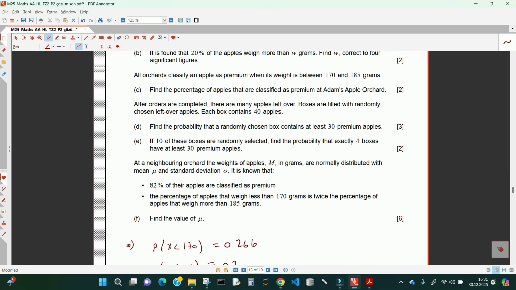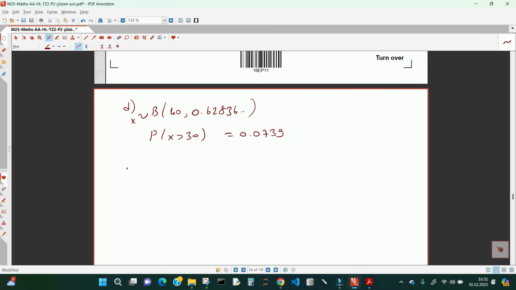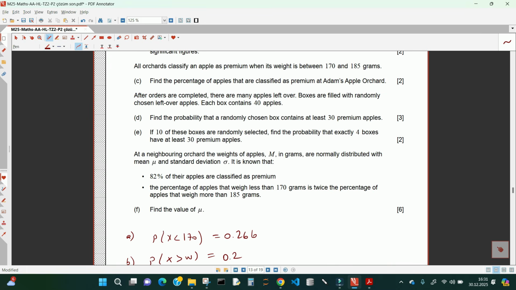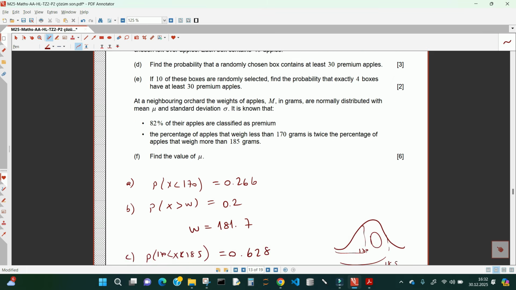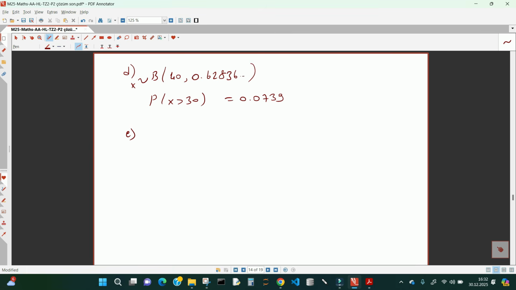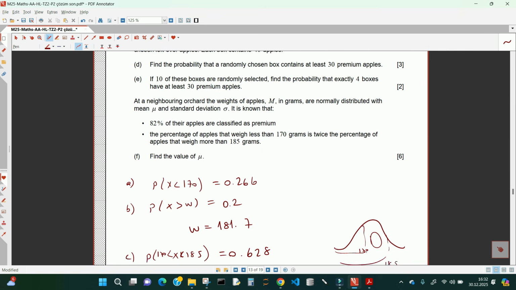Question E. If 10 of these boxes are randomly selected, find the probability that exactly 4 boxes have at least 30 premium apples. Now we are looking for 10 of these boxes selected, and exactly 4 boxes, which means now let's say the Y value related with the binomial distribution, and there are 10 boxes.